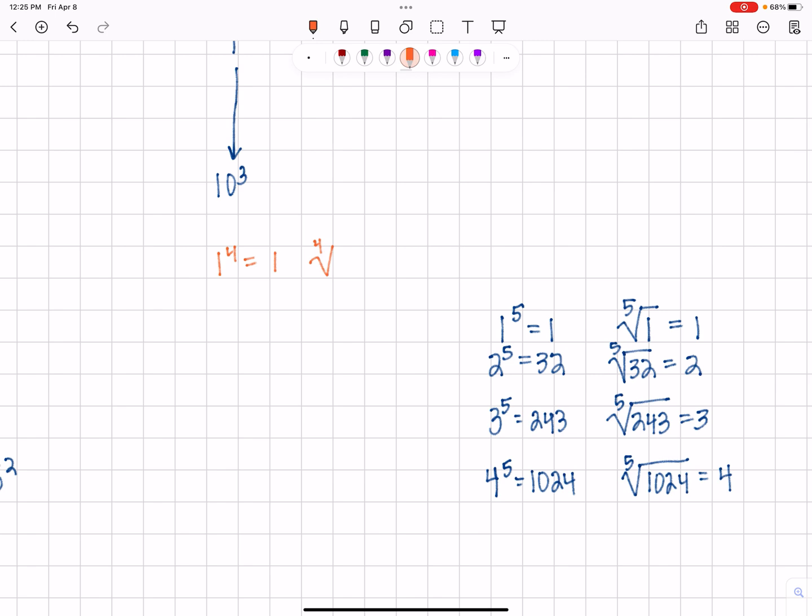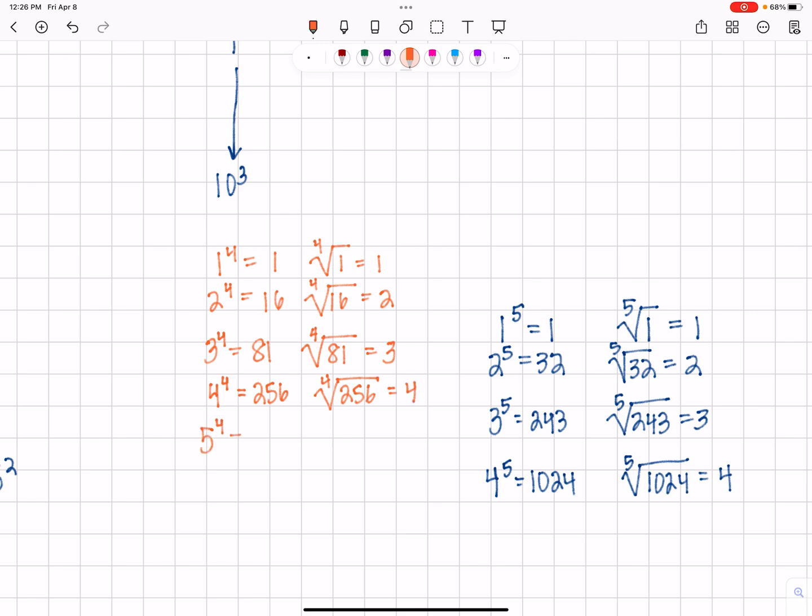That means the 4th root of 1 is 1. 2 to the 4th is 16. That means the 4th root of 16 is 2. 3 to the 4th is 81. That means the 4th root of 81 is 3. 4 to the 4th is 256. That means the 4th root of 256 is 4. 5 to the 4th is 625. That means the 4th root of 625 is 5.